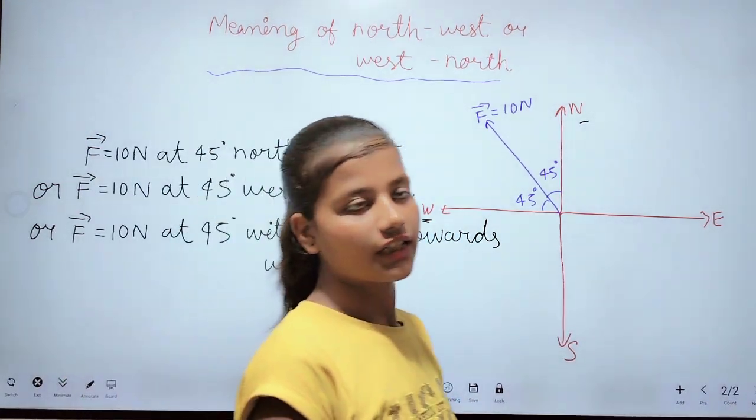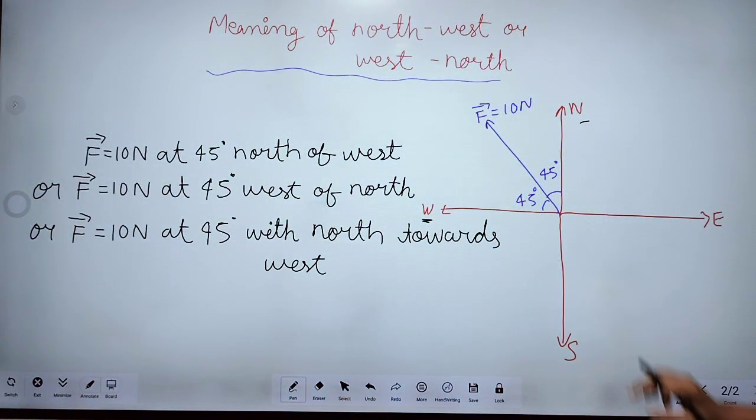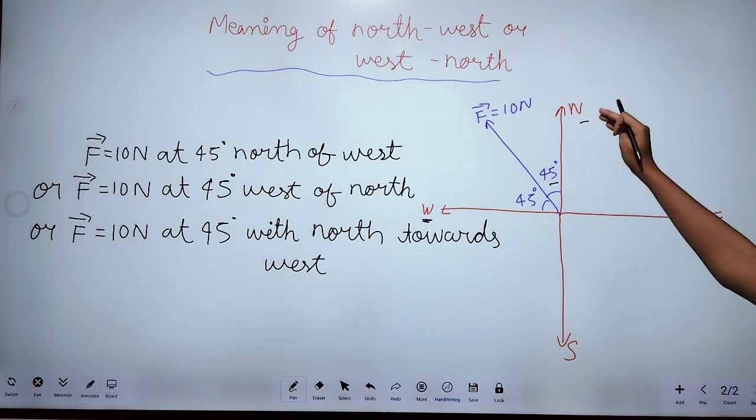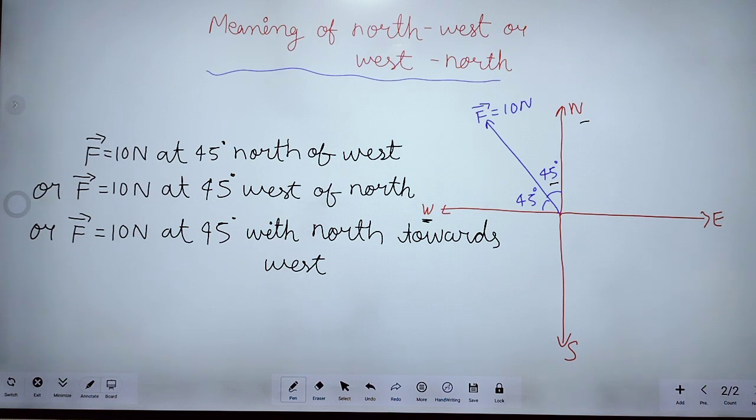F vector is equal to 10 Newton at 45 degree with north toward west.